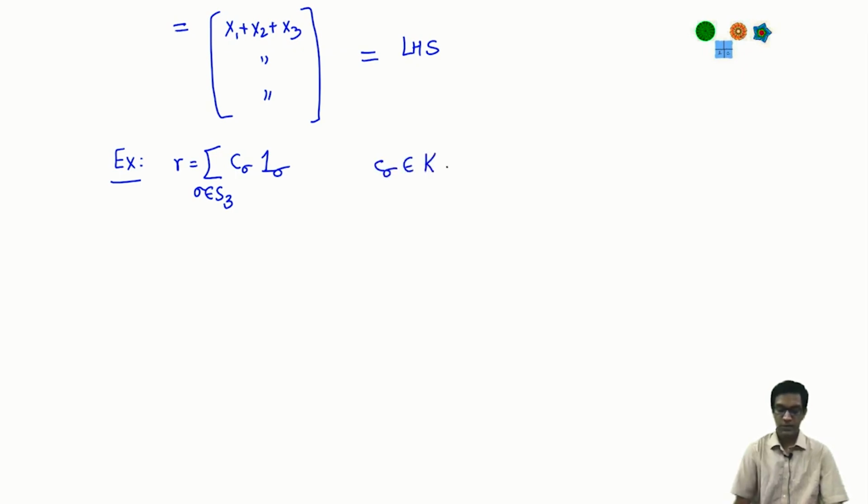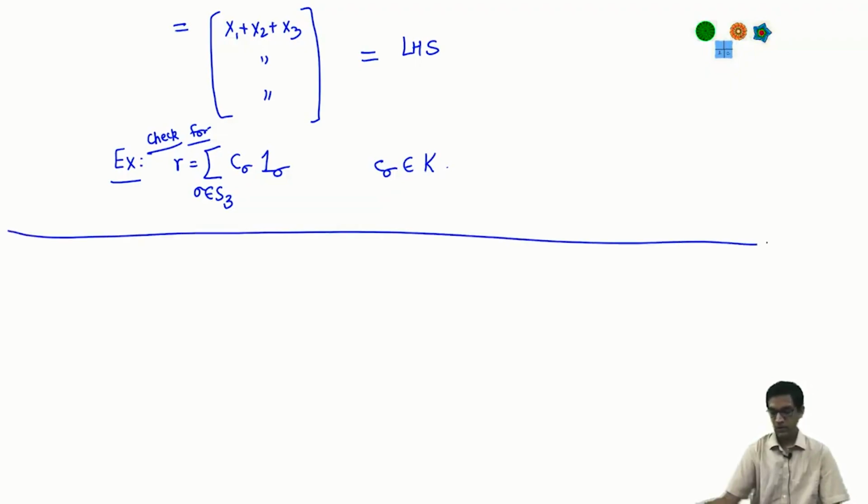Recall that's a typical element of my group algebra or group ring, and check the same for such ring elements as well, the most general ring elements, that the left hand side and right hand side will actually be equal. So that's the first example for this lecture, a homomorphism of a module over a group ring.